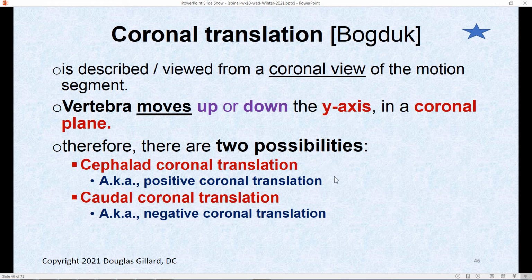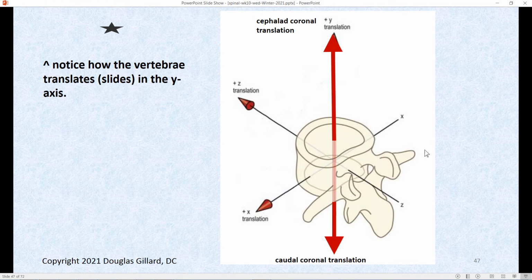So you can have an upward slide, so that's called cephalad, toward the head, coronal translation. Also, you could call that a positive coronal translation, or a superior coronal translation, or an inferior coronal translation, which is a negative coronal translation. You're actually going to use this in practice to treat people.